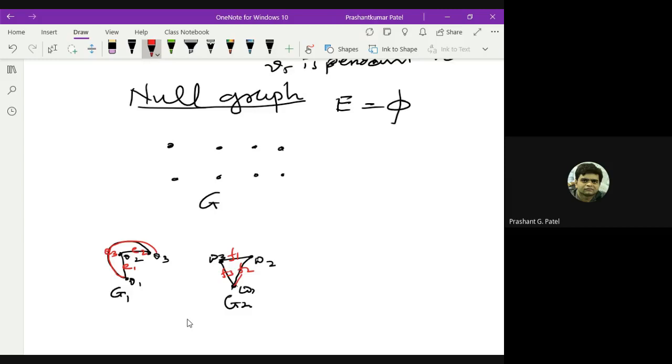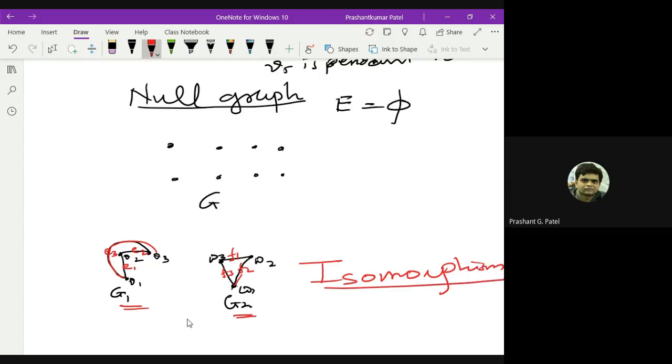Whenever two such graphs are there, they look equal, they are the same, but geometrically, in the way they look, they are not the same. So G1 and G2 are not the same graph, but they are isomorphic graphs.